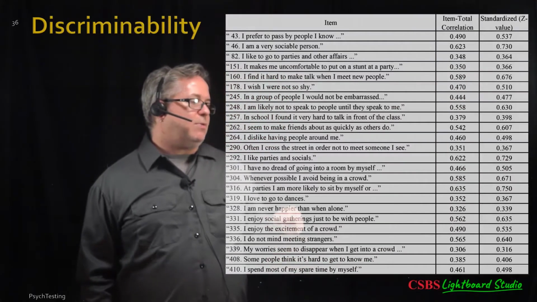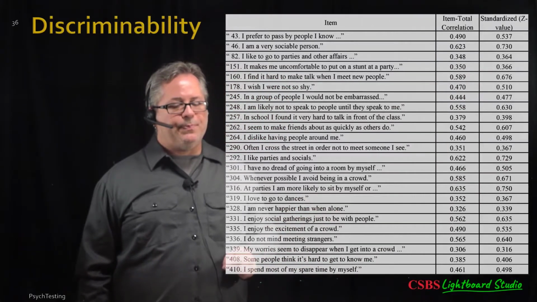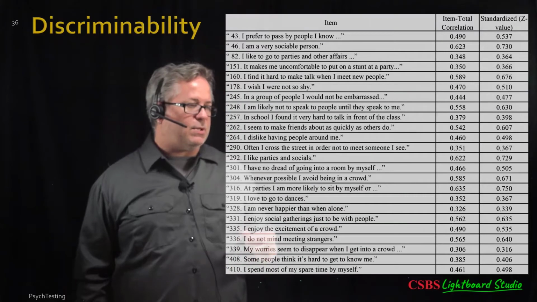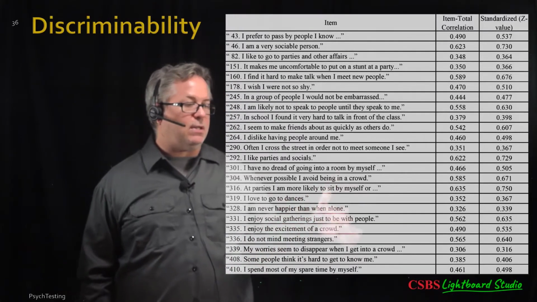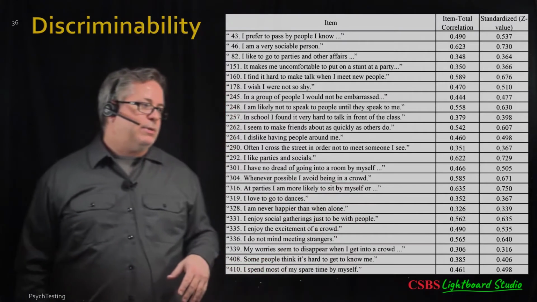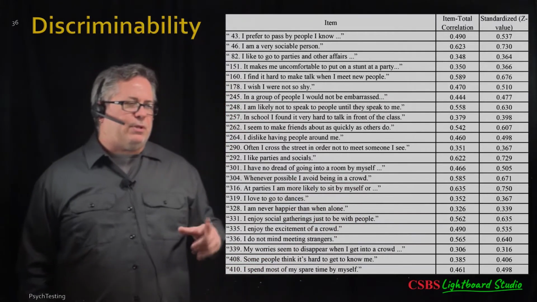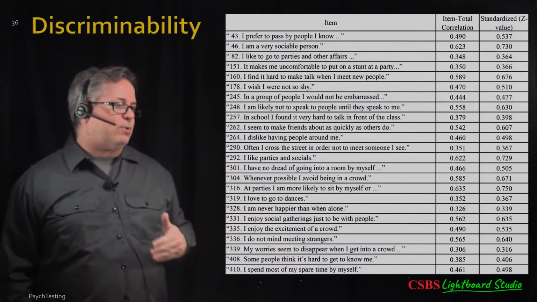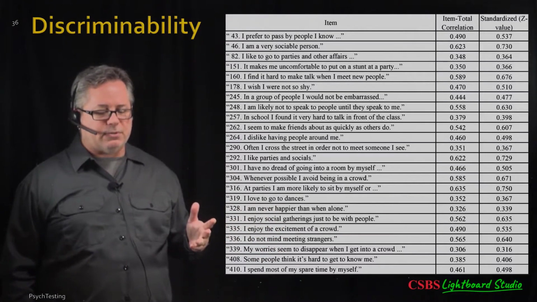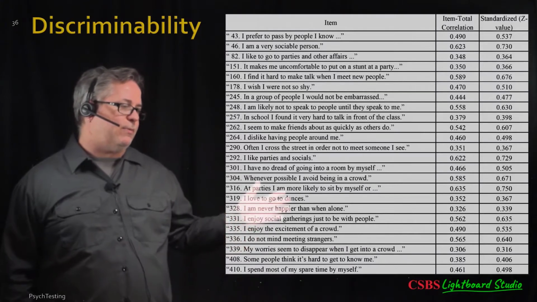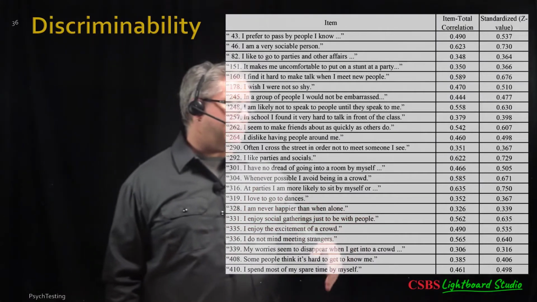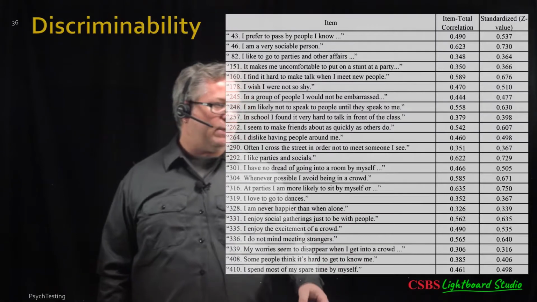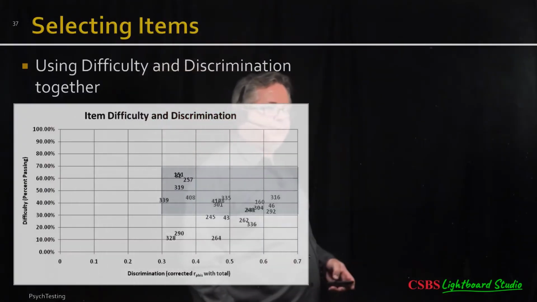So it tends to accentuate the larger item total correlations, so it becomes easier to figure out which ones are highly discriminating and which ones aren't. Not that that's necessarily the goal of that, but it does help accentuate the differences, where smaller correlations change very little. Larger correlations become even larger using the transformation. But the main thing is that we want to be able to look at them together.